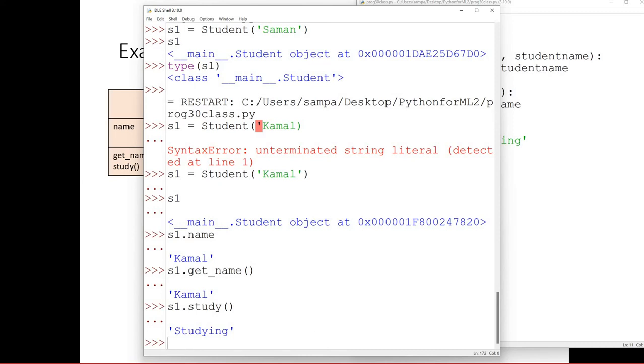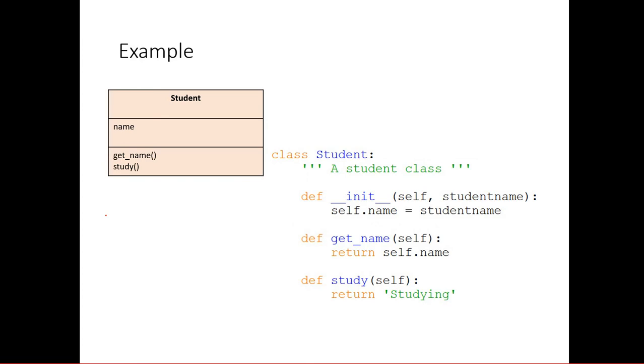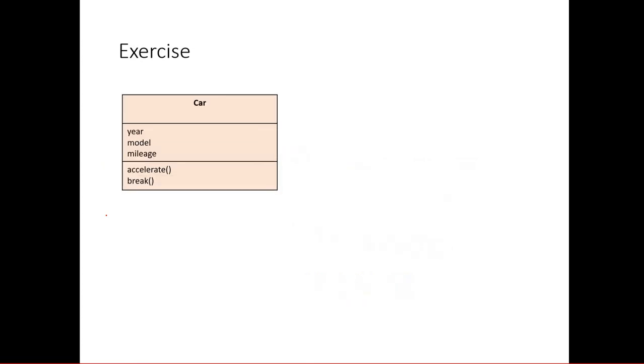So you see that we learn the basics, but we need to put it properly. A small quiz. Can you write the class code for this one? Right. Try with the car. Come up with an ER diagram.